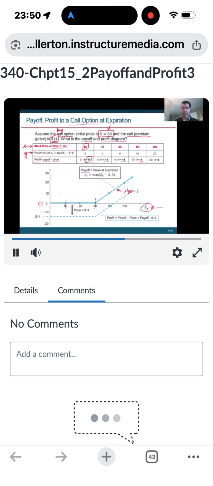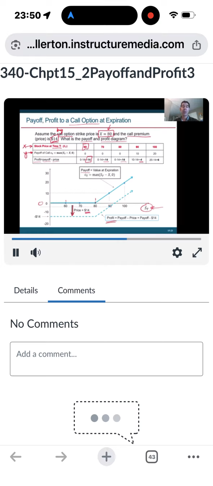And once again, it looks like this ramp. The only difference is what? It's been moved down by the price that I paid, that $14. And so that just drops my whole ramp down by 14 everywhere. The dotted diagram down at the bottom here is my profit diagram, and that's the one that in the end I care about, right?